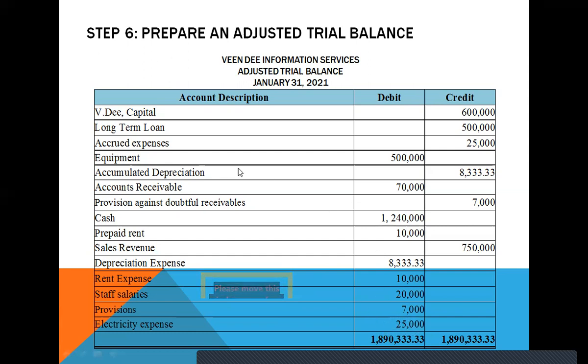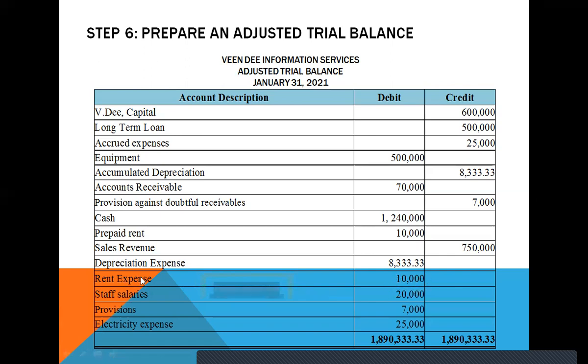Equipment, 500,000 pesos. And you have now the accumulated depreciation of 8,333.33. Accounts receivable, 70,000 pesos. Provision against receivables, 7,000 pesos. Cash, the same, 1,240,000 pesos. Your prepaid rent is now 10,000 pesos, because you already expensed the 10,000 pesos.